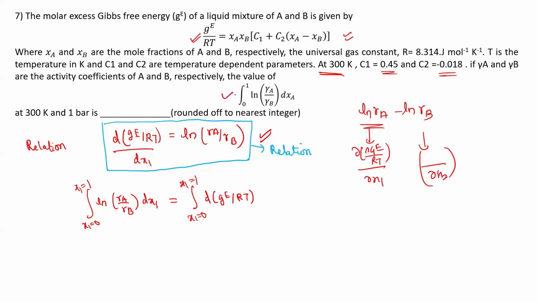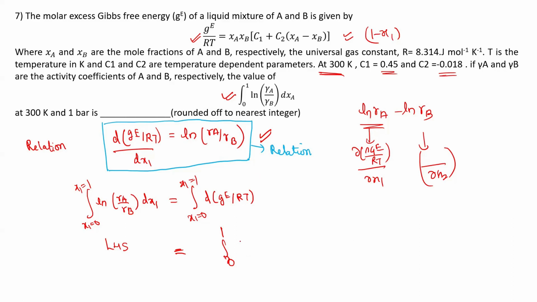So this is what we want to find, right? This LHS. So RHS is equal to... So here you can write x as 1 minus x everywhere. Okay.